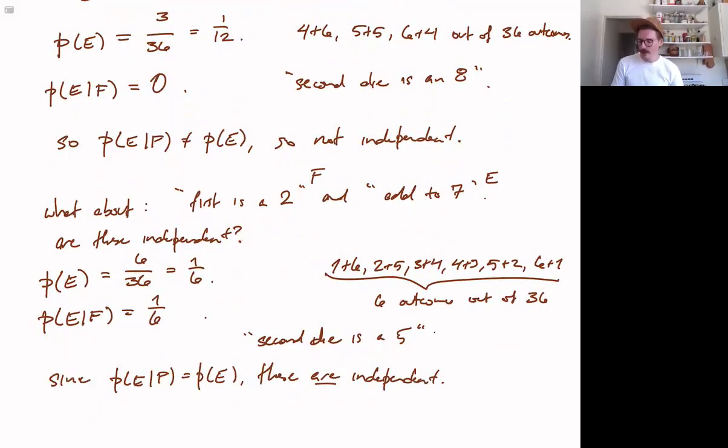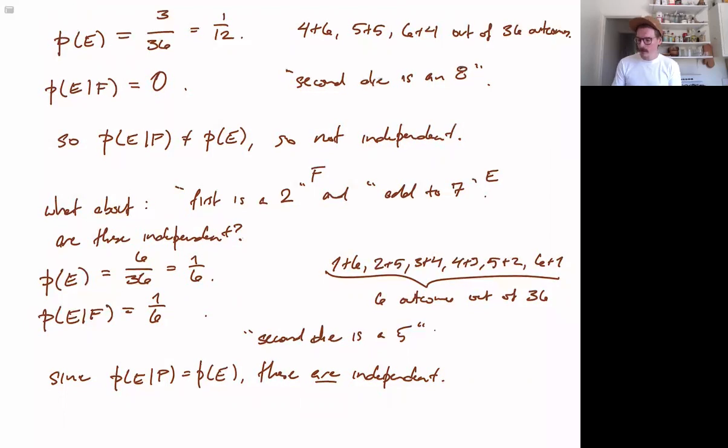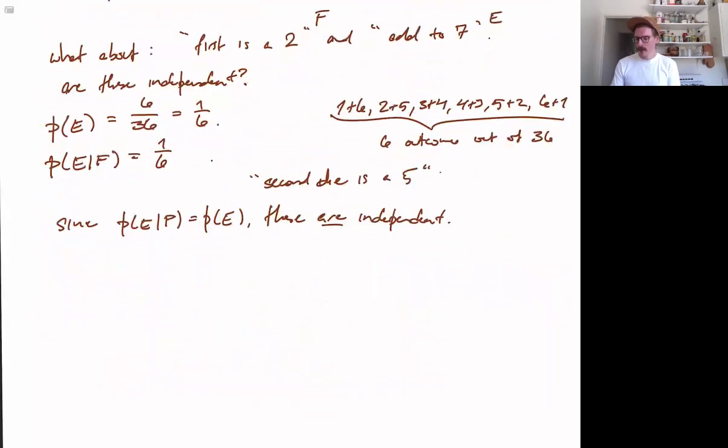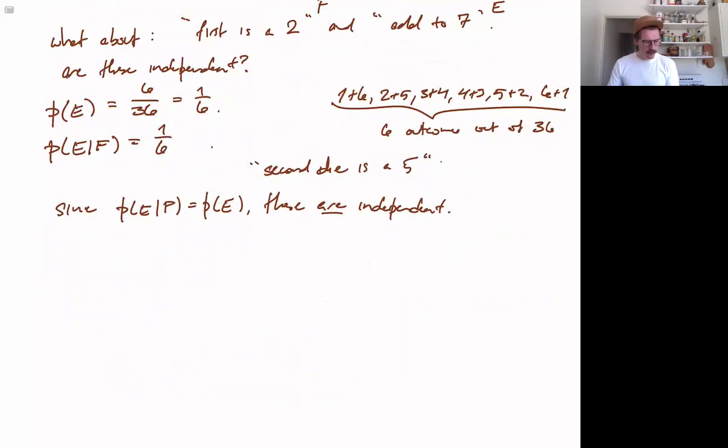So it's good to have an intuition about what independence means, but this is just to illustrate that it is also good to check, because sometimes your intuition can be mistaken. And just a few more points about independence.